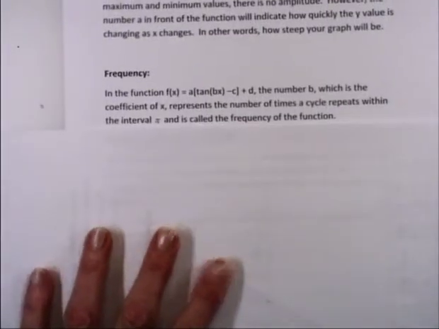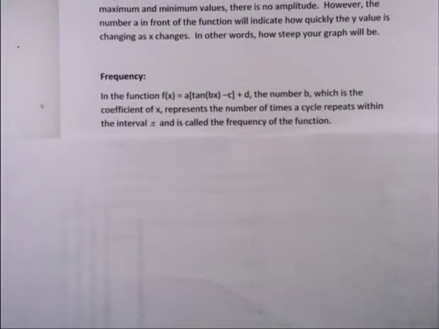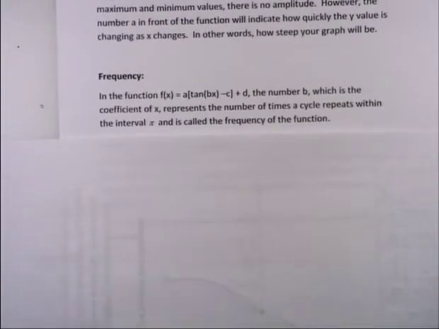Frequency. We said just a minute ago that the frequency is going to end up being the same as it was before. Frequency is the amount of times a cycle repeats within the interval pi. Instead of the interval 2 pi, this time frequency for tangent and cotangent are within pi. So how many times does your cycle repeat while you're within pi units?